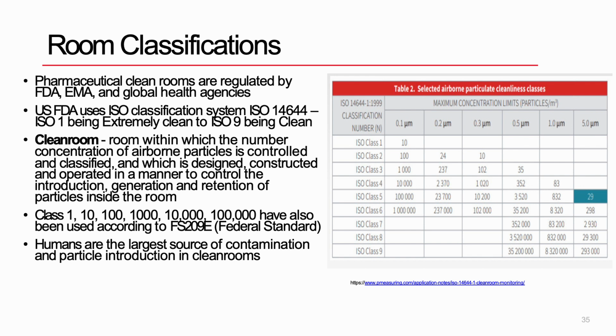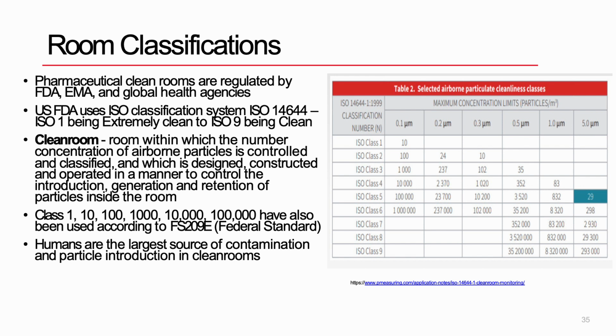We also have room classifications. This is as per ISO 14644. On the right table, you can see the maximum concentration limits of particles per cubic meter. Based on the room classifications, we are going to have clean rooms, and those clean rooms have different classes.